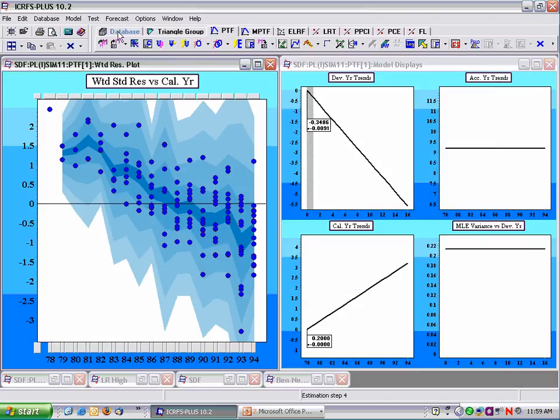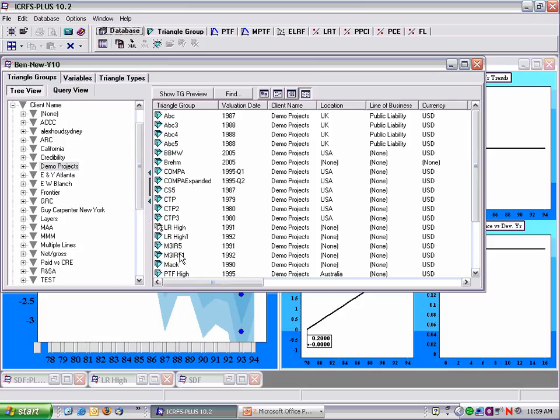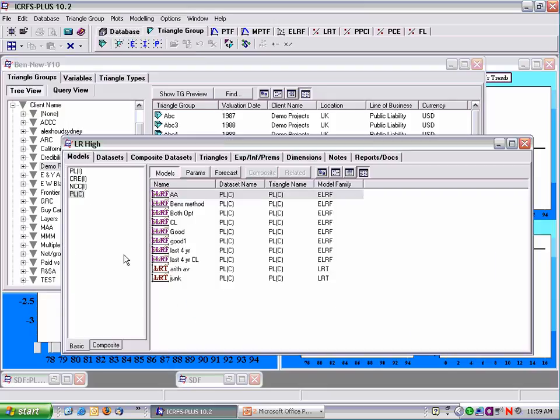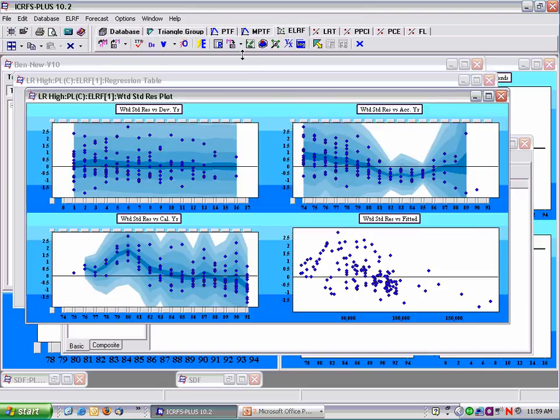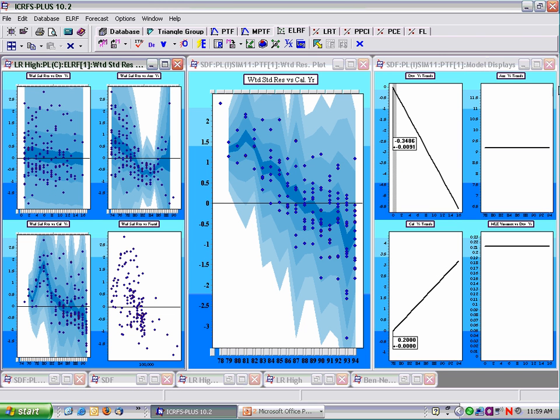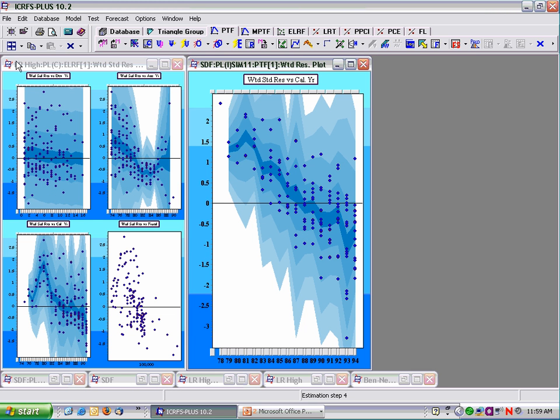If we now compare that with this data, a triangle group is open. If we go back to ELRF and look at these residuals and compare them, you'll see that they look very similar.